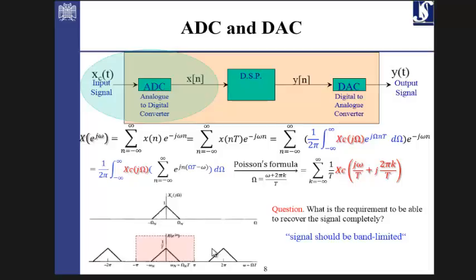If the period of sampling is higher than a threshold, meaning the frequency is lower than a rate, you will have aliasing here.